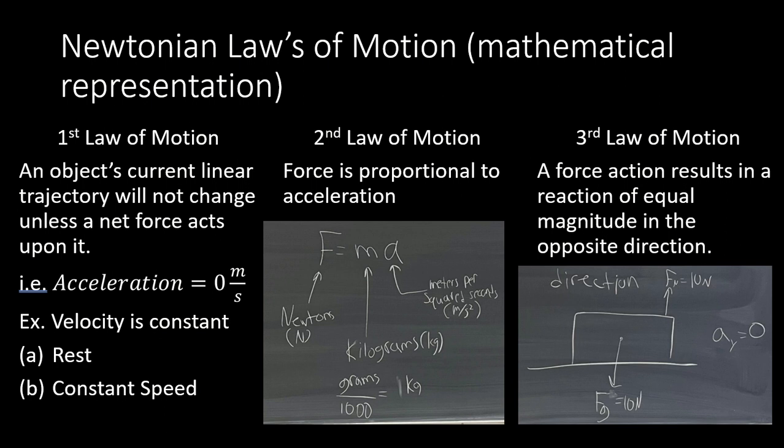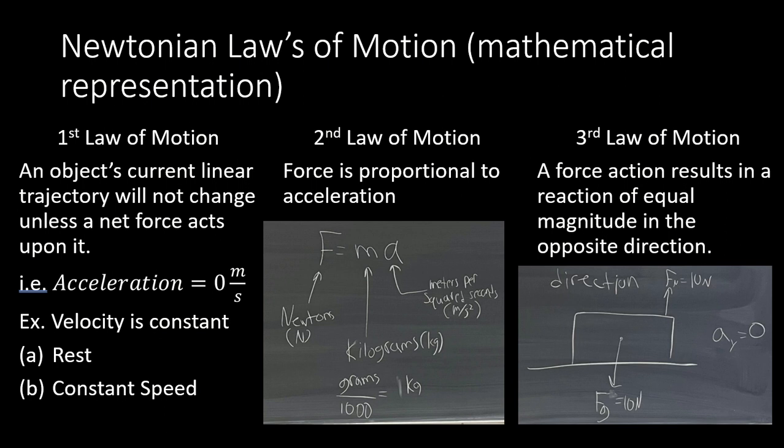Mathematically speaking, that means that force of some object is equal to its mass times its acceleration, with force in units of newtons, mass in units of kilograms. If you're given grams, divide that by 1,000 to get kilograms, and acceleration in meters per second squared. Force equals mass times acceleration, F equals ma.